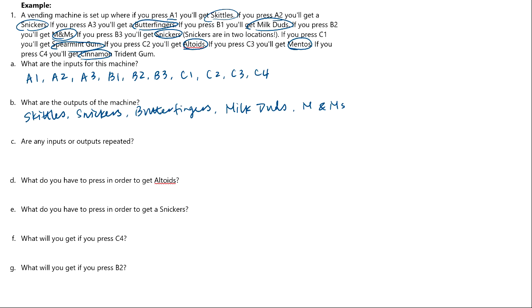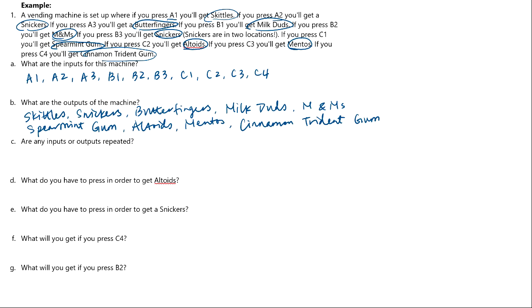Even if there are two ways you can get the same candy bar, we only need to list it once, just to show that we already consider it a possible outcome. After that, we can keep listing the outcomes. Once you finish listing all the possible candy options you can get out of the machine, these are the outputs of the machine.